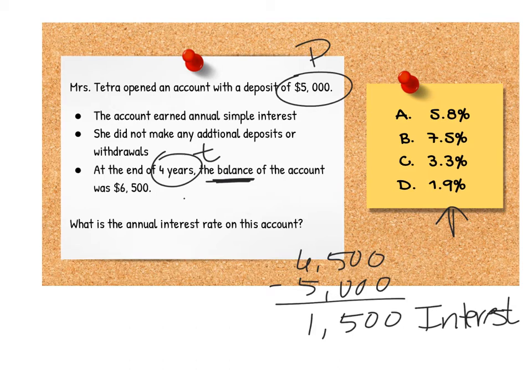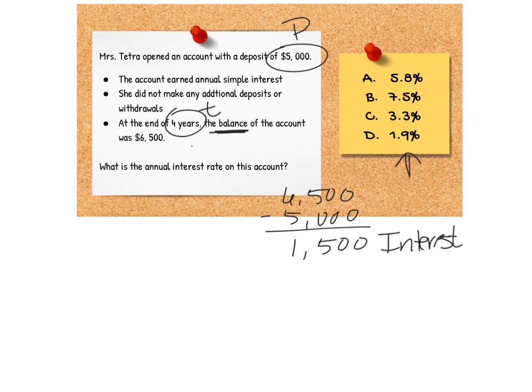Did you get 1,500? If not, you get the idea. Okay, I'm going to go ahead and solve this algebraically for those that want to know that, and then we'll check the answer, I guess, and that's how you would eliminate the percentages to figure out which one it would be. Okay, so 1,500 is my interest.